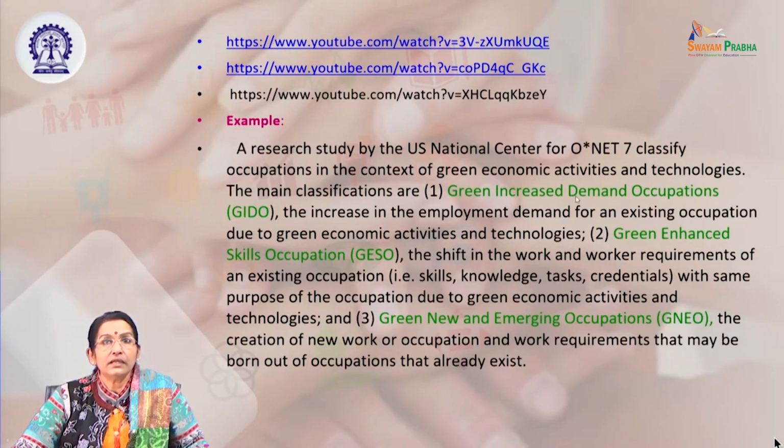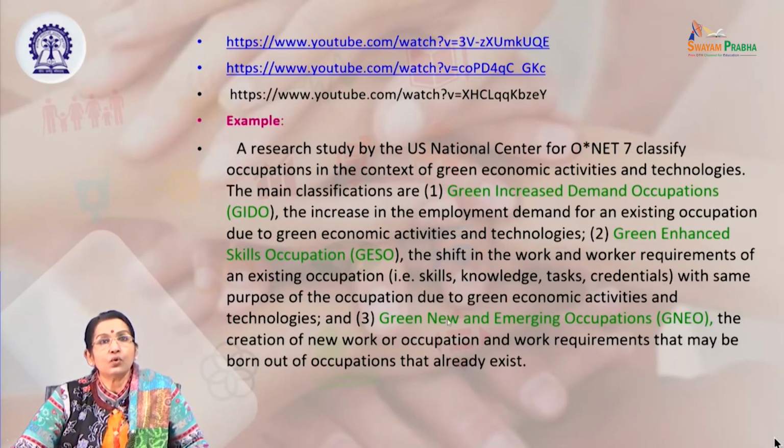So, that is the increasing demand occupation right now, then the skills and competencies required for that kind of green jobs, and the new and emerging occupations, that is new scopes and opportunities, the creation of new work, new occupations and work requirements that may be born out of the present situation that already exists.